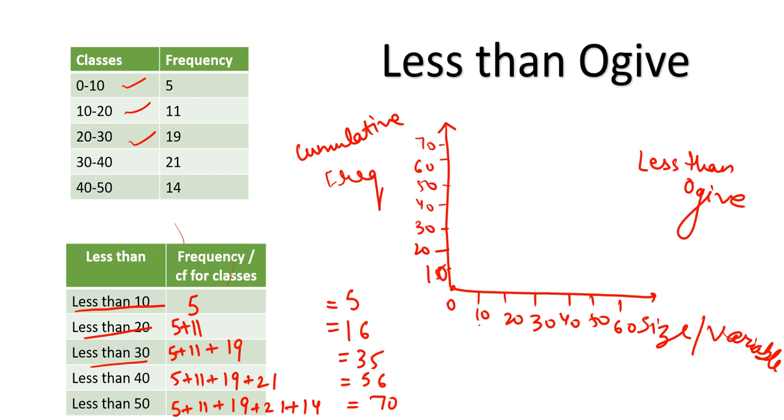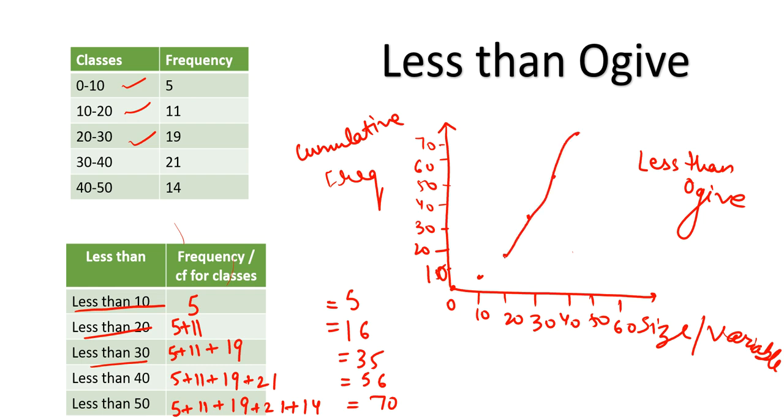So we'll simply plot it. When it's 10, our ogive is at 5. Then when it's 20, it's 16. When it is 30, it's 35. When it's 40, it's 56. When it's 50, it is simply 70. So this is our less than ogive.